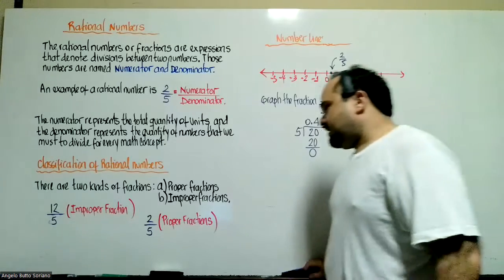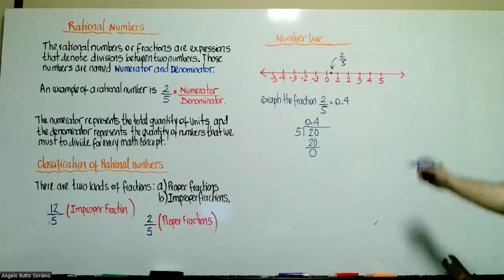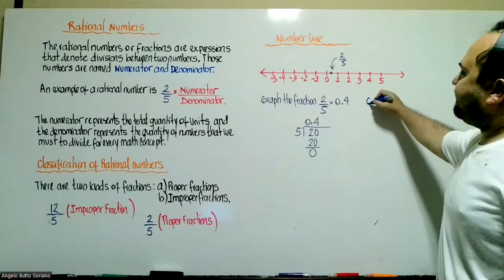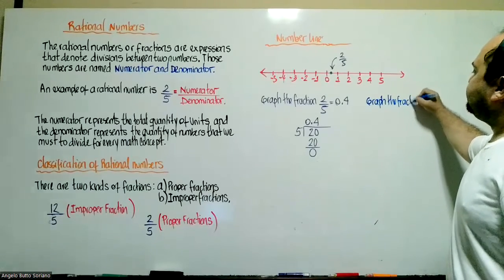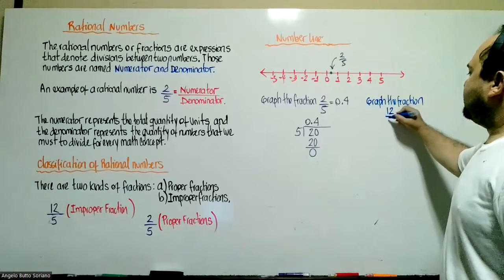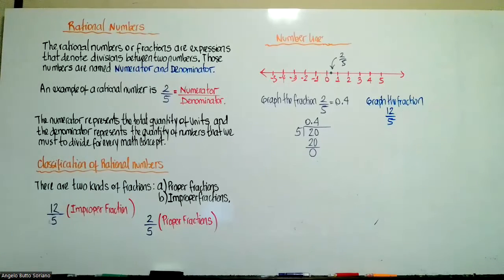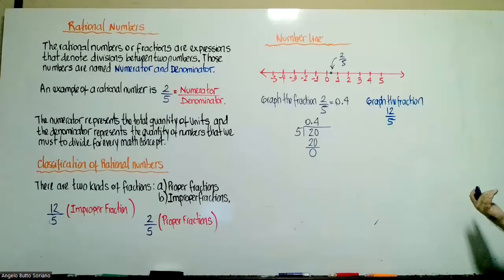But this time we really want to graph the fraction 12/5. Remember, we call this an improper fraction because the numerator is greater than the denominator. That means the decimal number will be greater than the number 1.